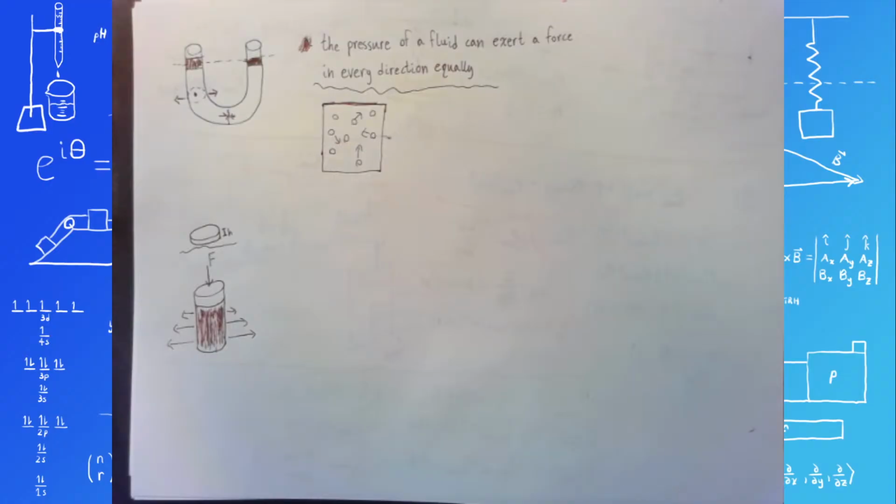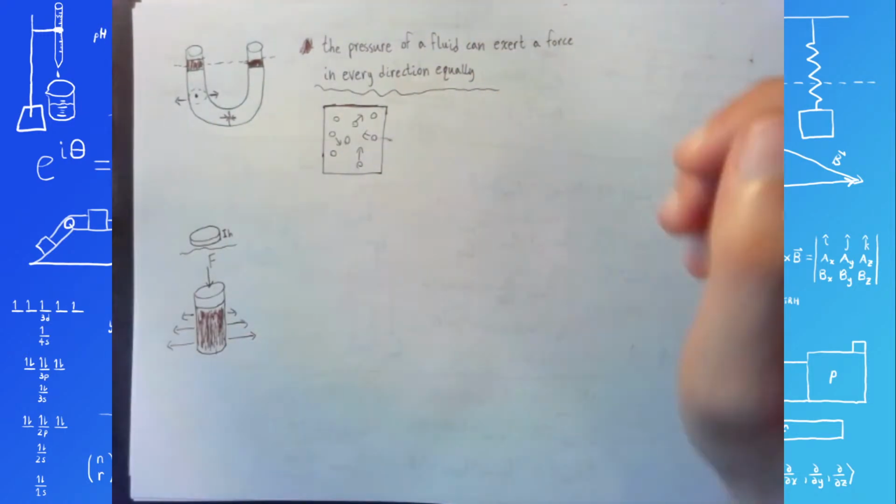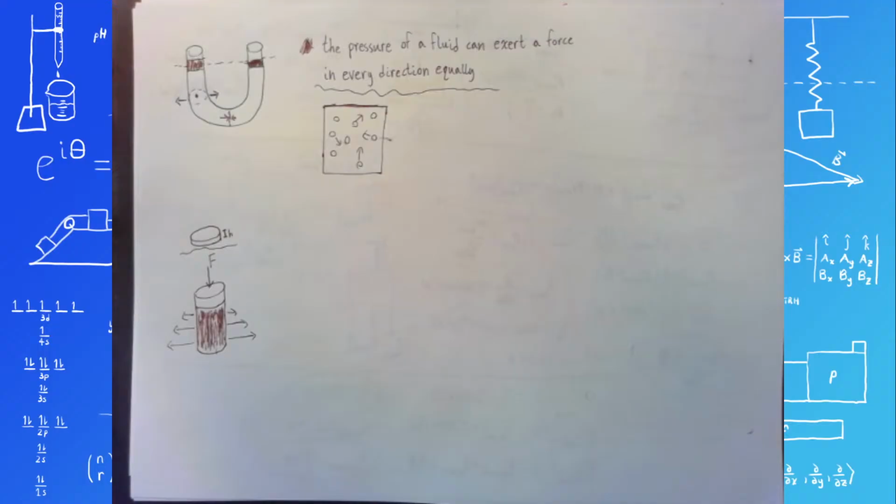So it still kind of makes sense to think of a direction for pressure sometimes, but since the pressure of a fluid is technically in every direction all at once, we don't say that pressure actually has a direction. Pressure is a scalar. We'll see some more evidence of pressure being a scalar later today.